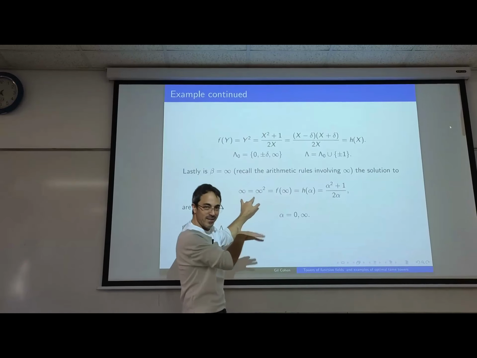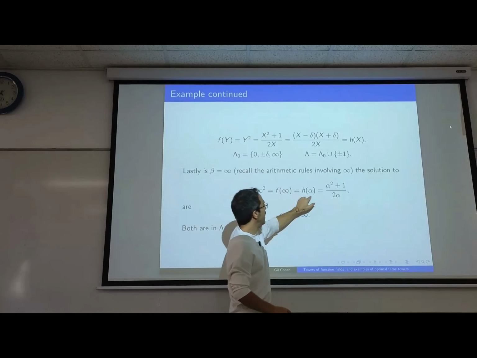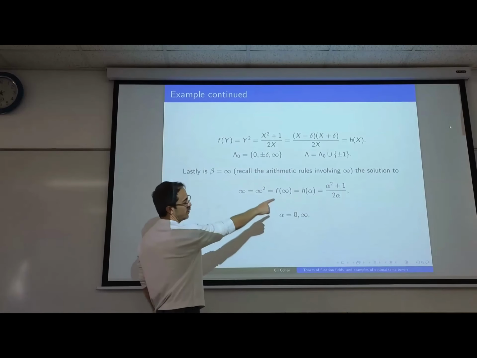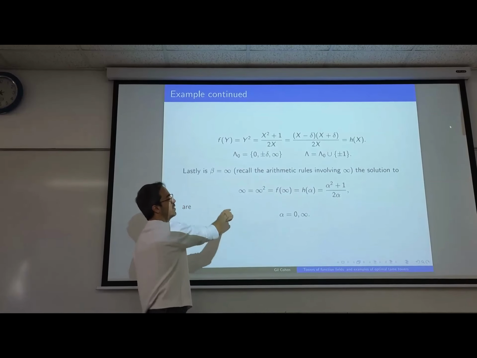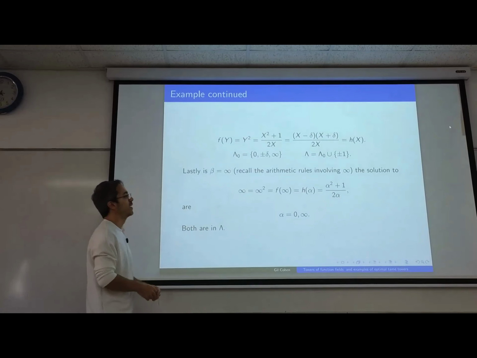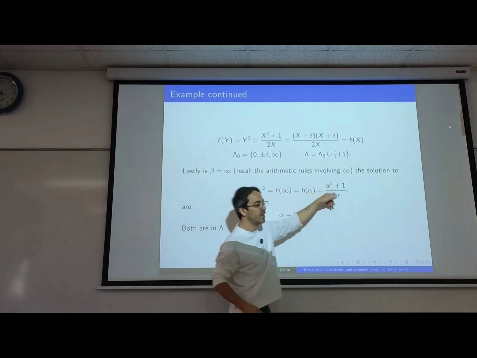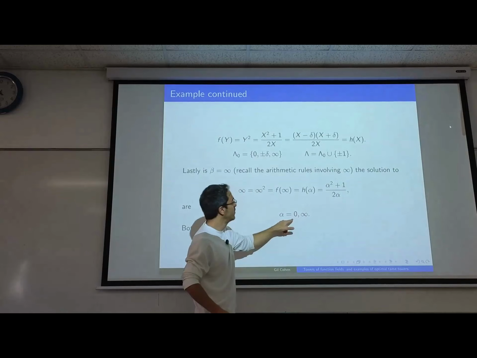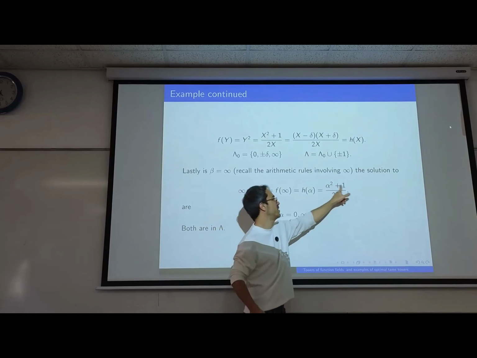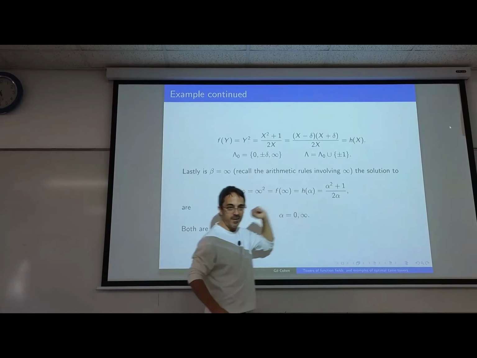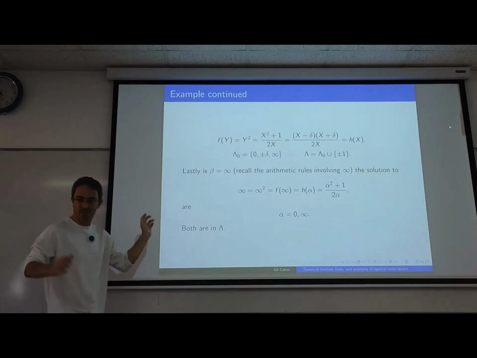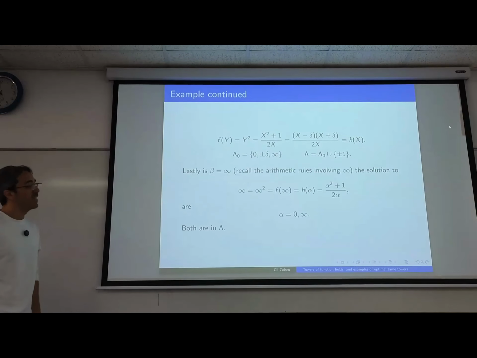It looks like a weird thing, but it's okay. Which is h of alpha, which is this thing. And if you want to solve alpha squared plus 1 over 2 alpha equals infinity, there are two solutions. Well, infinity, because this has a pole at infinity, and 0, because this is not 0 at 0, and this is. But these are also in lambda, so you're fine. And that's the set that you have.